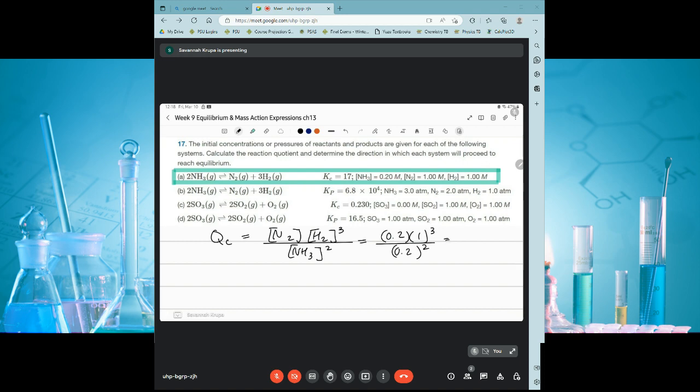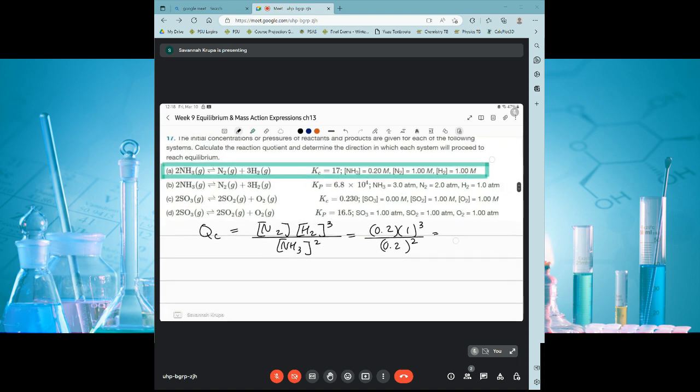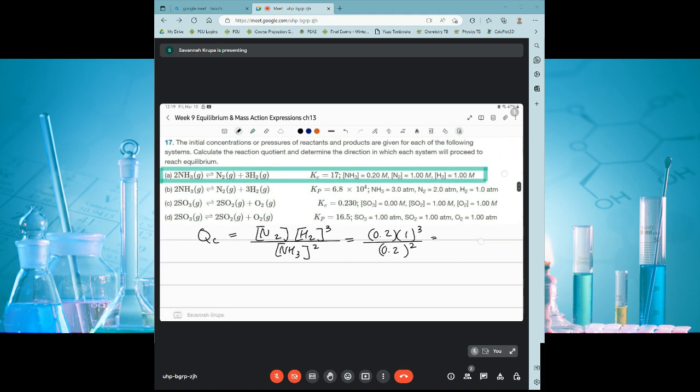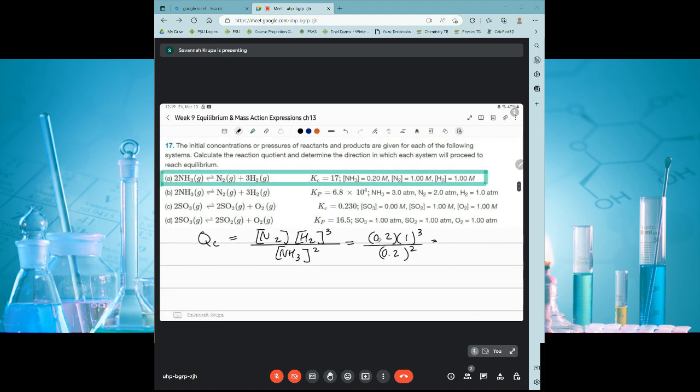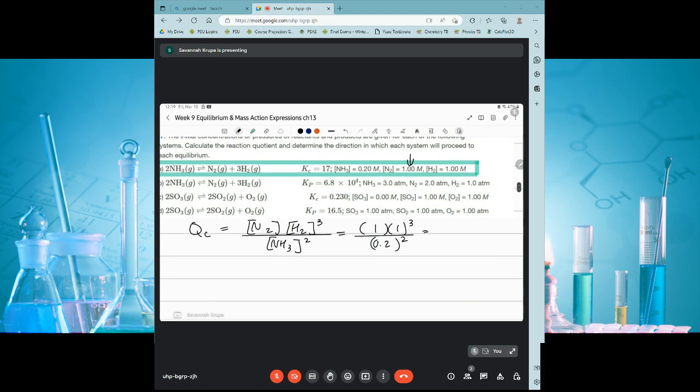And multiplying that out, we will get a value of, let's see here, let me make sure I wrote it down correctly. Right, the N2 value has a concentration of 1, not 0.2. There we go. Okay, so now when we multiply it all out, we will get a value of 1 divided by 0.04, and that will equal 25.